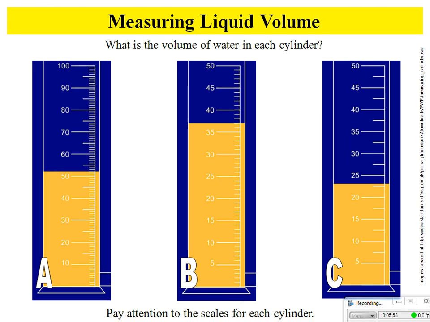If you look at A, the answer to A is 52 milliliters. The answer to B is 37 milliliters. And the answer to C is 23 milliliters.